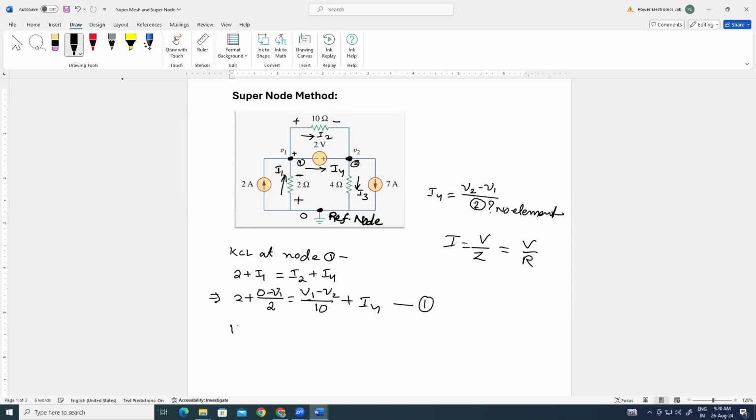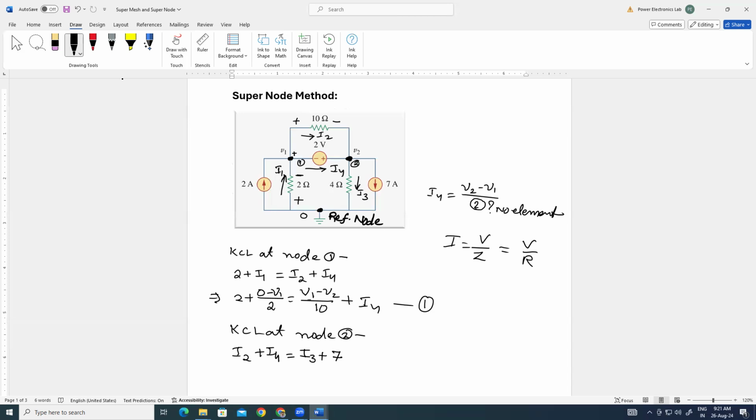Then KCL at node 2. If you apply KCL at node 2, what will be the equation? I2 plus I4 equals I3 plus 7.